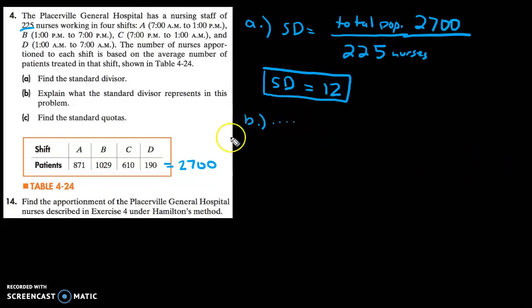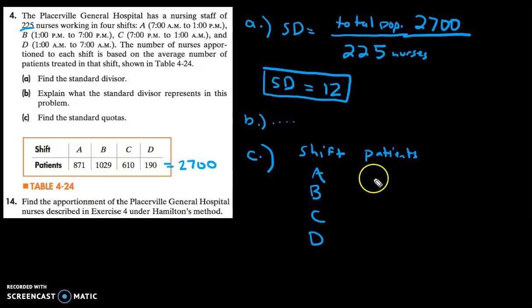Okay, then part C, find the standard quotas. So we're saying if it takes 12 patients to get a nurse, so this one is 871 patients on average. If it takes 12 to get a nurse, then what we care about is how many groups of 12 all these shifts actually have.